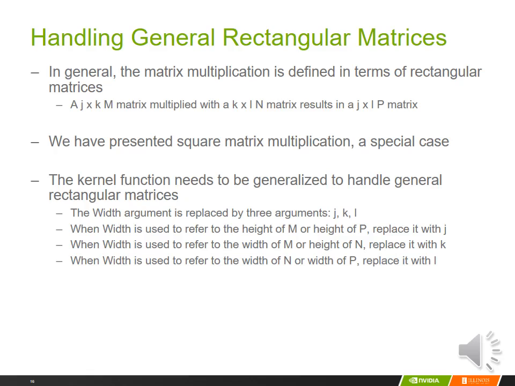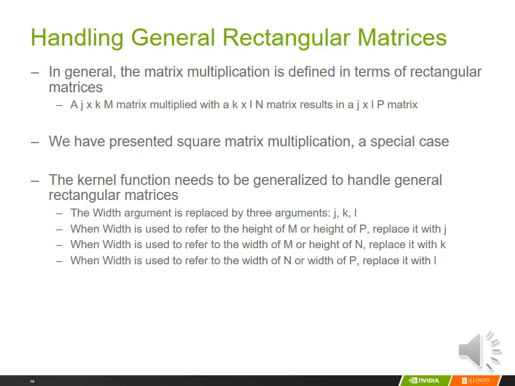We need to replace the width argument by 3 arguments, j, k, and l. Whenever width was used to refer to the height of M or height of P in the original kernel, we replace it with j. When width is used to refer to the width of M and height of N, we replace it with k. And when width is used to refer to the width of N or width of P, we replace it with l.